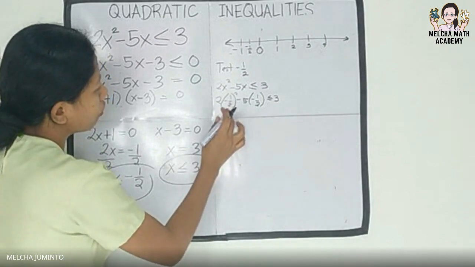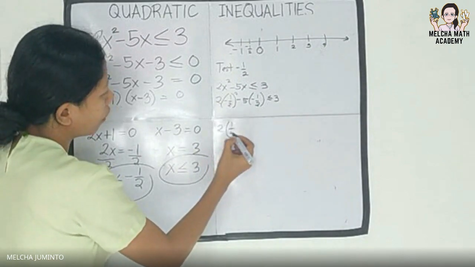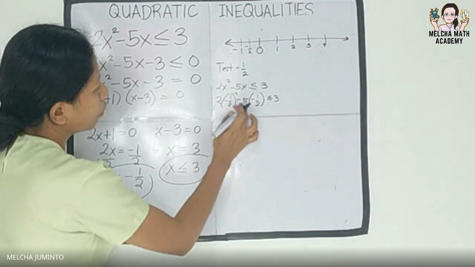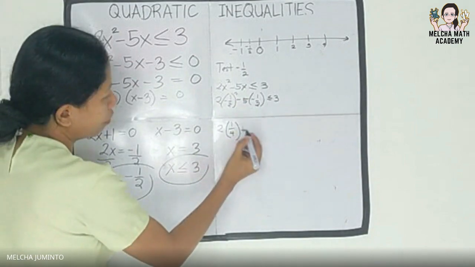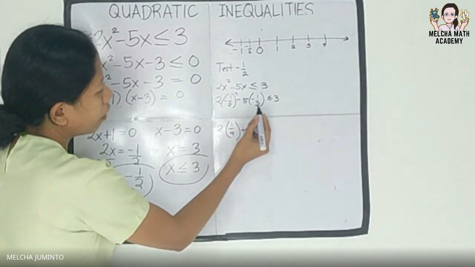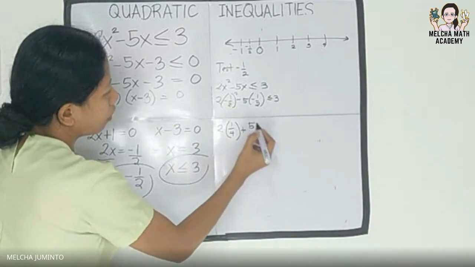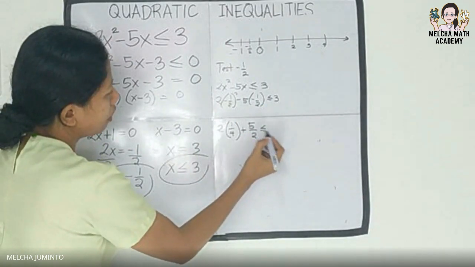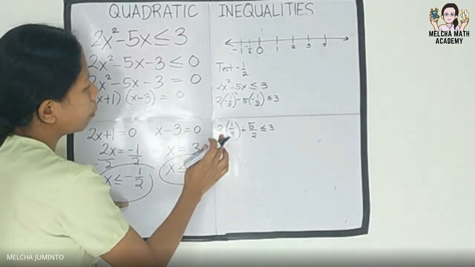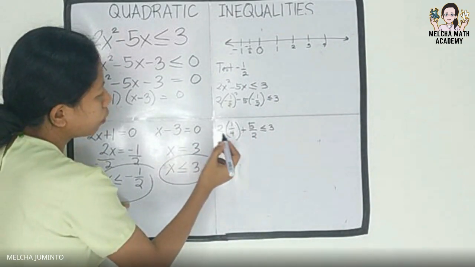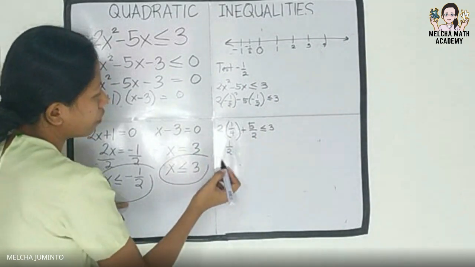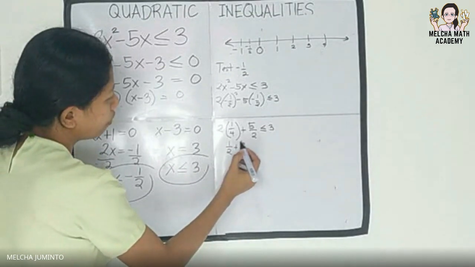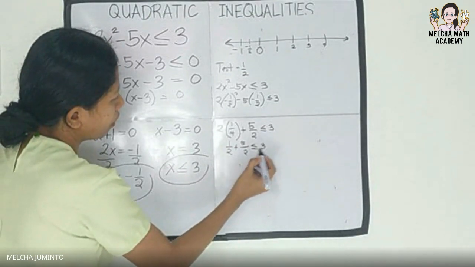The square of negative 1 half is positive 1/4. The product of two negative numbers is positive. Whole number and fraction, numerator times numerator, denominator times denominator, less than or equal to 3. And then multiply also here. 2 times 1/4 is 1/2 plus 5 over 2 less than or equal to 3.